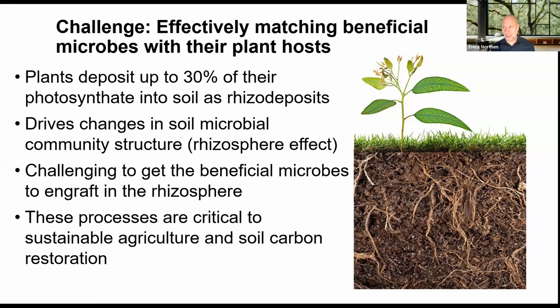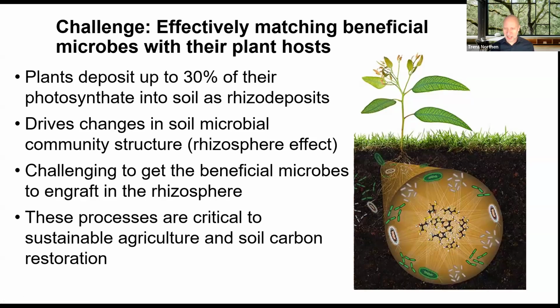But it's often very challenging for companies or for technologies to get beneficial microbes to grow in the rhizosphere. Just very much like the gut, where you maybe take probiotics and they don't stay. You have to keep taking them over and over again. So there's the same problem in the rhizosphere. And understanding these processes are really critical to sustainable agriculture.